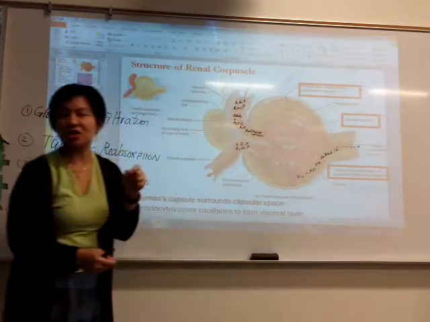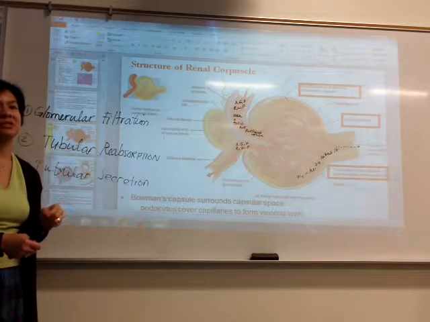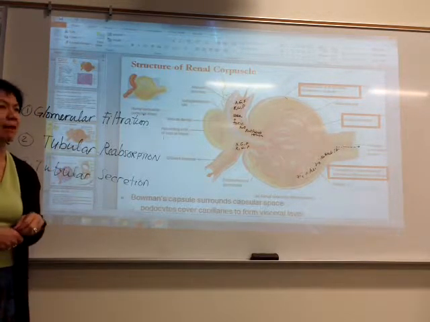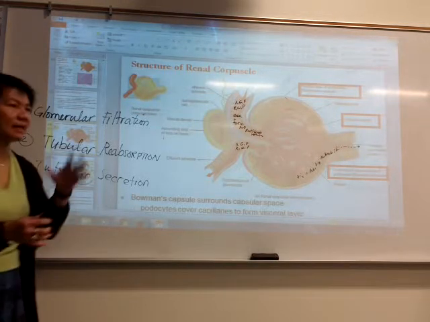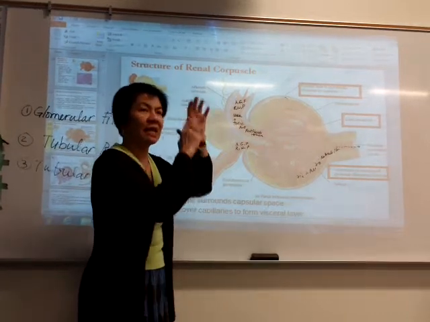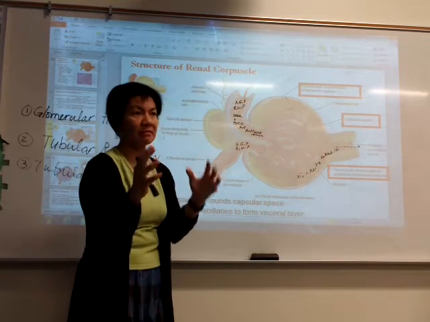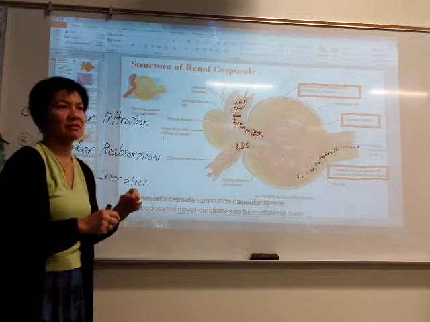Your kidneys auto-regulate. I remember that was one answer to the question in your renal system test. Something to the effect of blood pressure. How do you explain? Just looking for one word, auto-regulation.